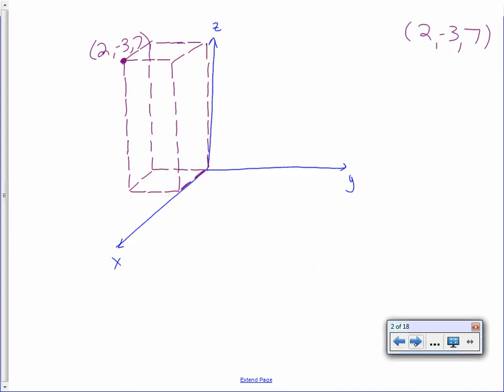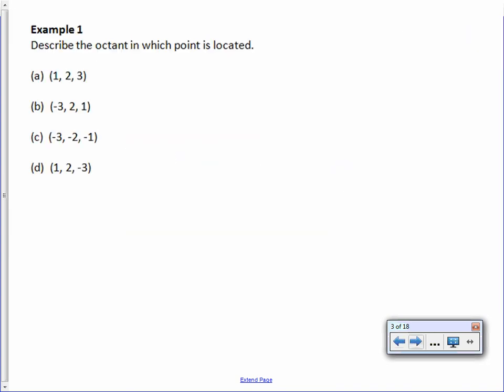So the first example here: describe the octant in which each point is located. So 1, 2, 3. You read that all 3 of those coordinates are positive, so you default to the positives. Out of front and back, the positive there is front. And then left, right, you're going to default to right.